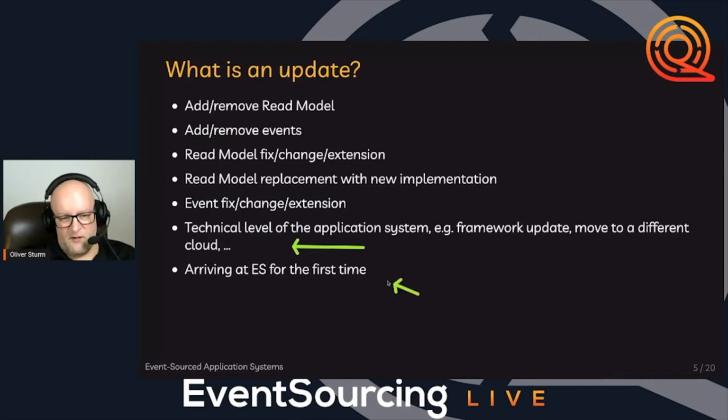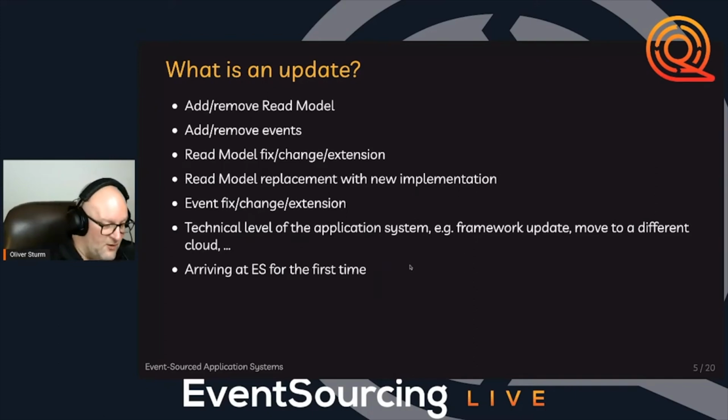And then the final note here, an update again could also be the actual first step towards an event sourcing system. And so these are different types of updates that I have identified. I can imagine that somebody could maybe go into more detail and distinguish these individual blocks even further. So that's not meant to be the very last word on that topic, but these are the ones that I think are relevant here.